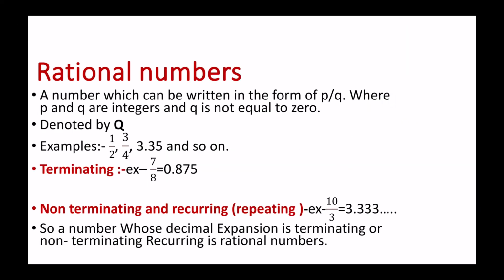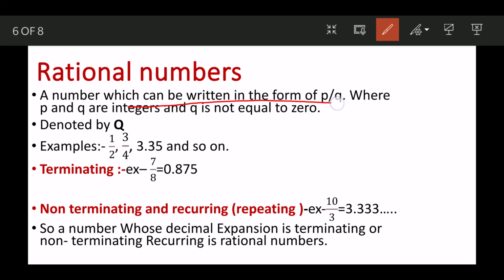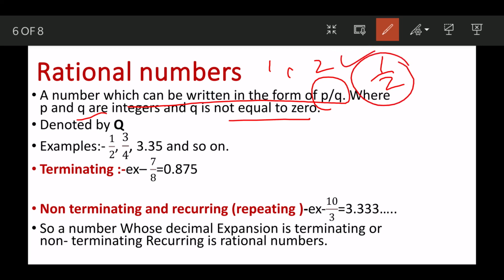Rational numbers. A number which can be written in the form of p by q, where p and q are integers, and q is not equal to 0. Now if we take 1 and 2, both are integers, and we write it in the form of p by q, meaning 1 by 2, then 1 by 2 is a rational number.